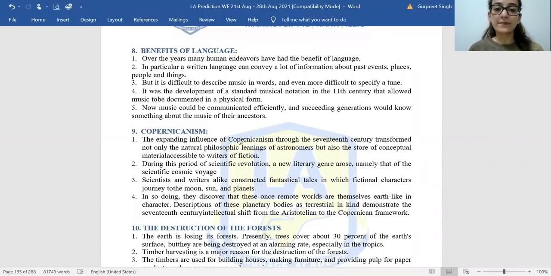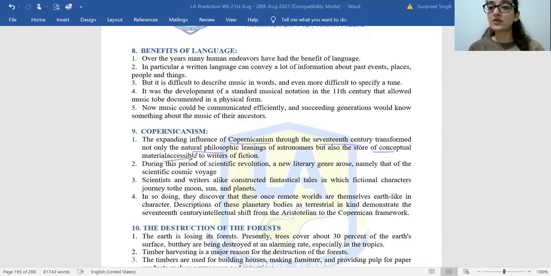What is important? We are talking about this. Then we have a time period. And then we have two things, not only this of astronomers, but also some kind of material for fiction.